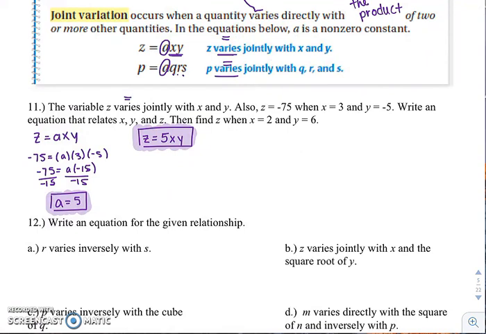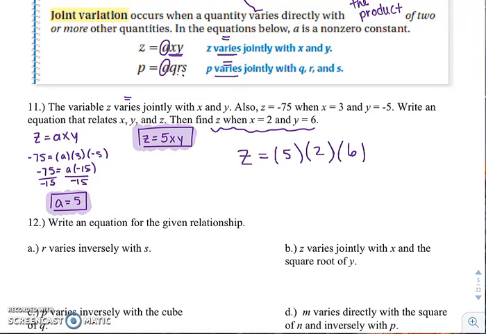So it then says, okay, we'll find z then if x is 2 and y is 6. So we're finding z. We know that a is 5. X is now 2. Y is now 6.